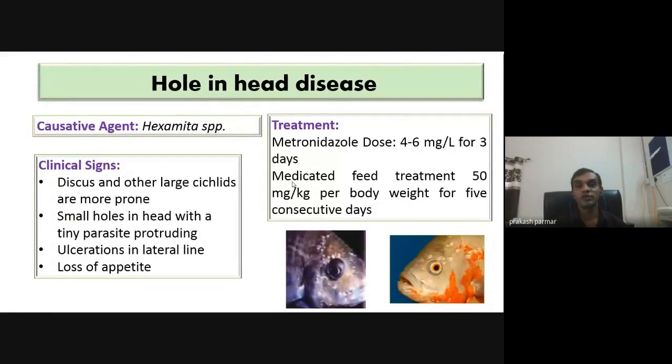Here, the common treatment is metronidazole. You can give it as a bath treatment, 4 to 6 milligram per liter for 3 consecutive days, or mix metronidazole at 50 milligram per kg body weight in the feed and provide the feed for 5 consecutive days.